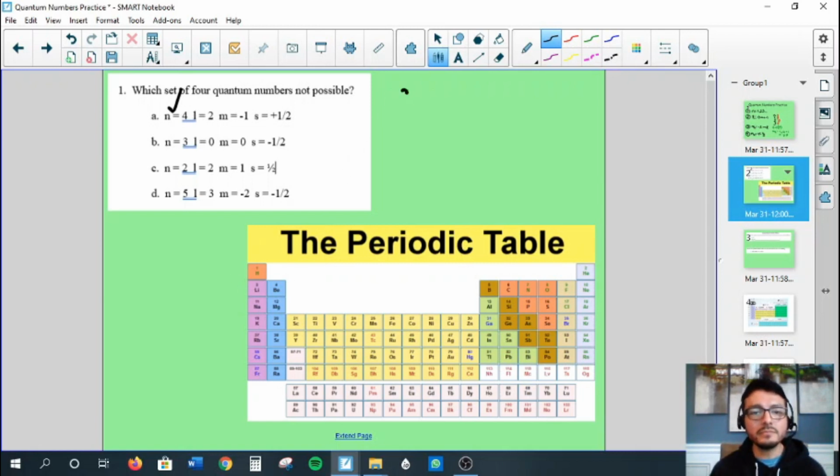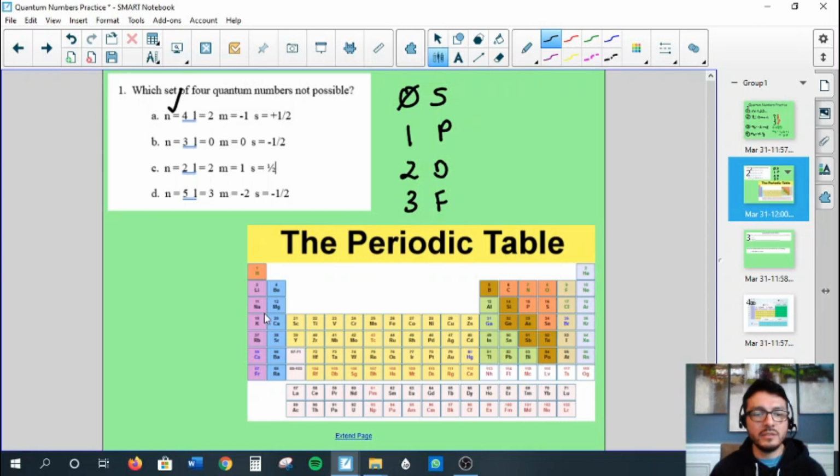Remember, 0 is s, 1 is p, 2 is d, and 3 is f. So l is 2 means that it is the d orbital. Is that possible? Let's see. At n equal to 4, do we have a d orbital?